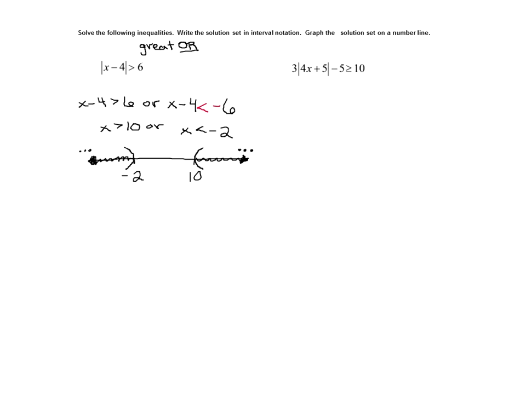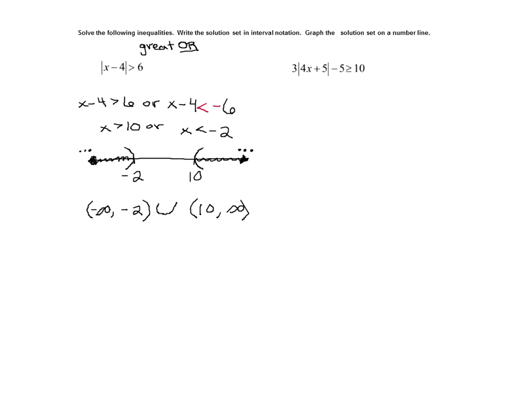Okay, so you can see that there's a space in the middle here, so I'm going to use a union symbol and do the interval notation for the left side, which is negative infinity up to negative 2, not including negative 2. And then the right is similar, but starting at 10 and going to positive infinity. It's very important that you keep those in order all the way across.